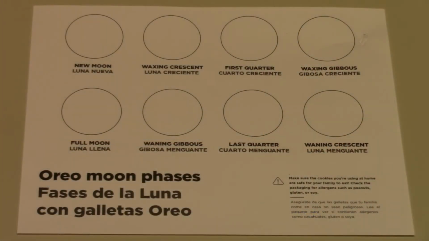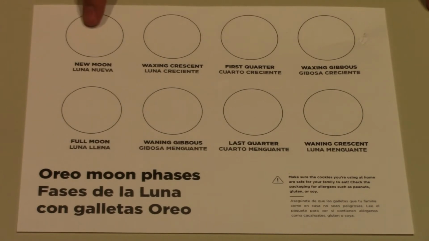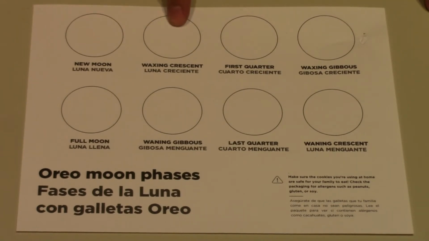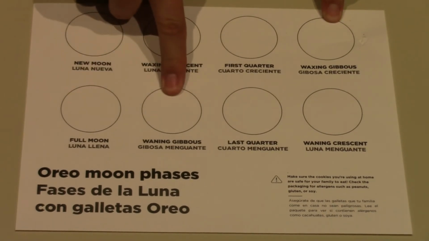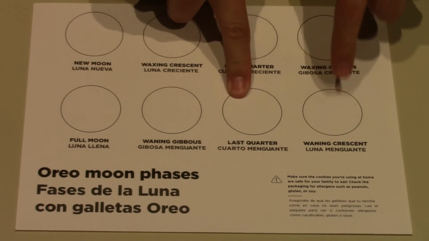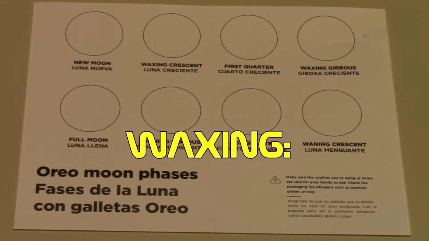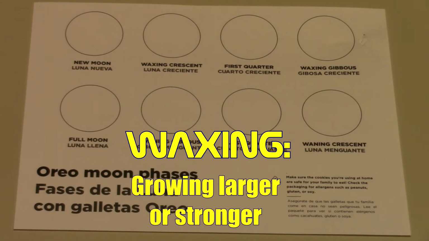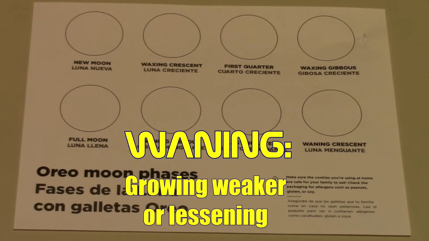Now, as you can see, we have our moon phases, and they are labeled new moon, waxing crescent, first quarter, waxing gibbous, full moon, waning gibbous, last quarter, waning crescent. Now waxing simply means increasing or getting bigger. Waning means getting smaller.